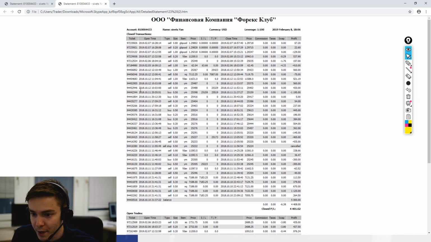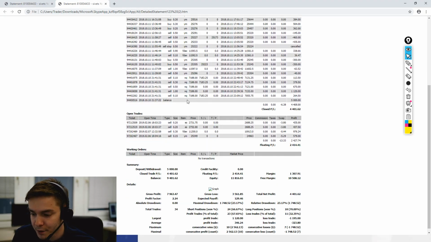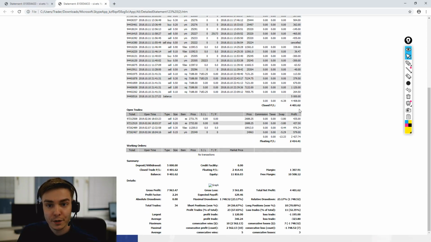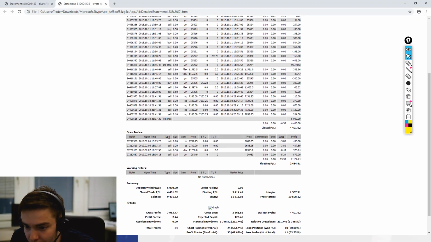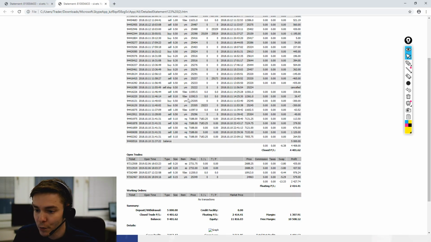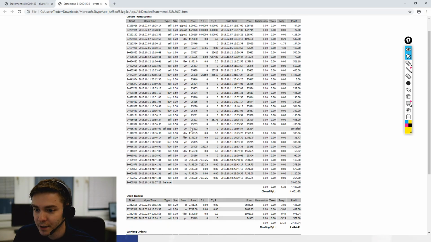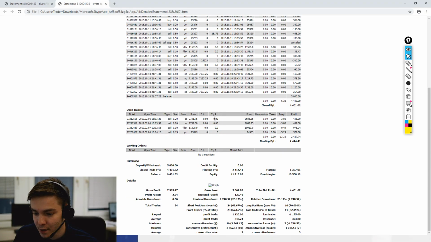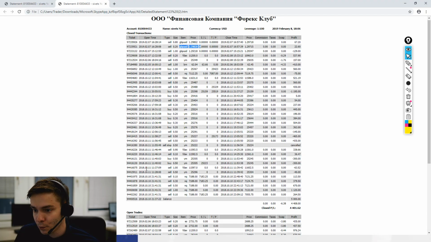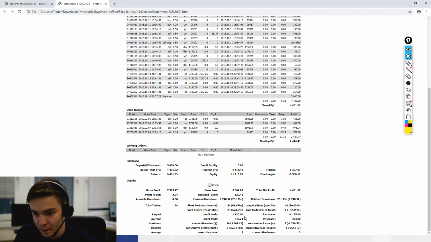And in just 3 months, he was able to make a profit of more than $4,000. And he traded Dow Jones, DAX, Nasdaq, and also Forex. And these are his statistics actually. So really nice statistics.